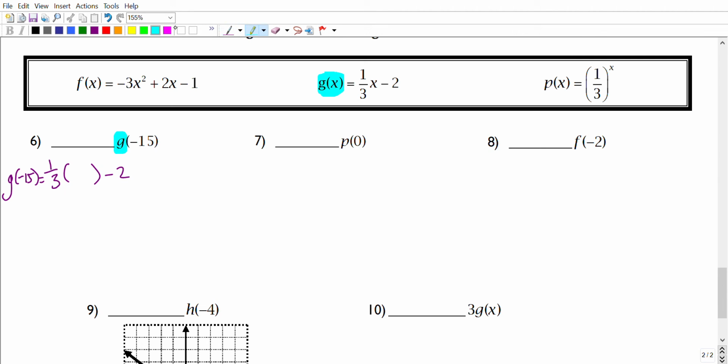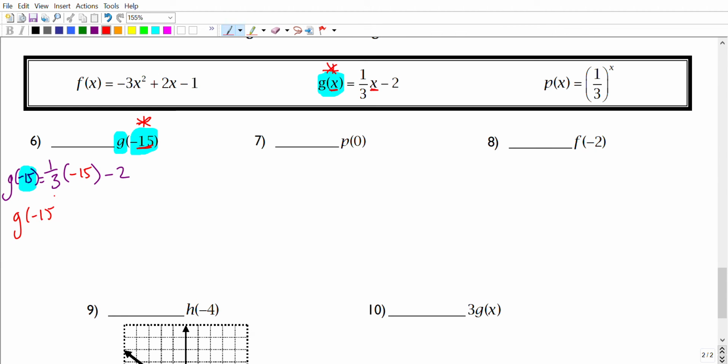The reason I'm doing that is because remember, what am I substituting in for X? A negative 15. The only difference between this right here and this is instead of an X, I have a negative 15. So here, instead of an X, I'm going to put a negative 15.